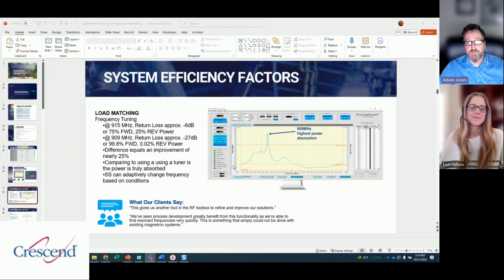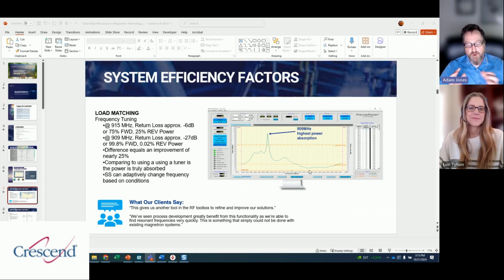This can be seen most readily in this graph as you see on the screen. In this particular sweep, as we call it, that the software did on the particular application we're working with today, right at this very high peak, you see a very good match for the application. And this is at 909 megahertz; you can't get a 909 megahertz magnetron.